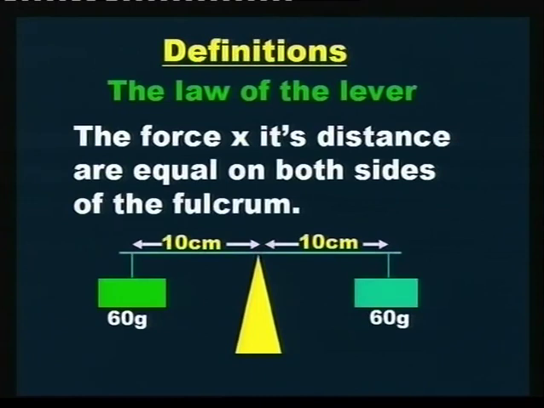And we have the distance from the load to the fulcrum, which is 10 centimeters. So when both sides are equal and they are balancing the simple machine well, then we have the law of the lever.